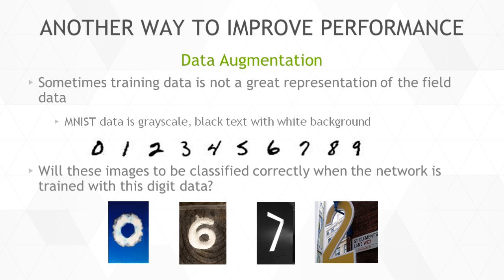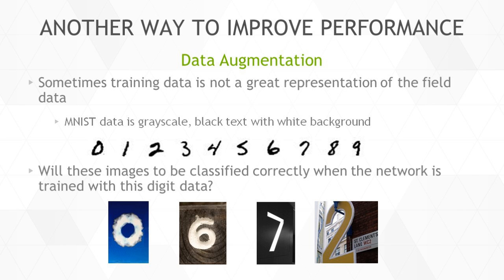So I have a simple example here. I have a data set comprised of an MNIST data set, and I have a white background with black digits ranging from 0 to 9, but maybe I would like to classify images that are digits but don't look very similar, or not well represented in this standard MNIST data set.